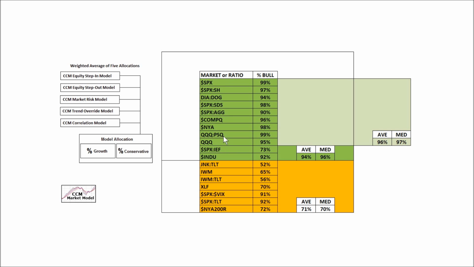What this tells us is, as of the close on Friday, November 1st, based upon the observable evidence, so price, moving averages, indicators, hard data relative to levels, so where is RSI on a weekly chart?